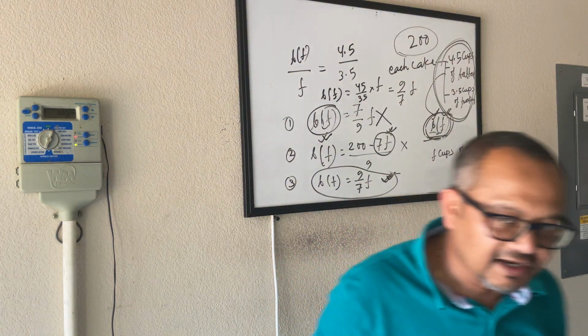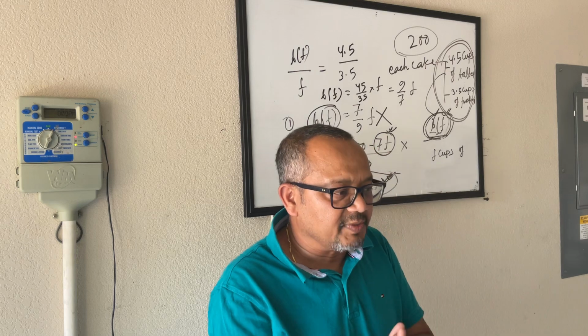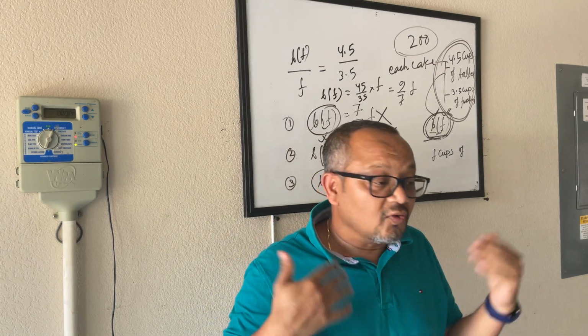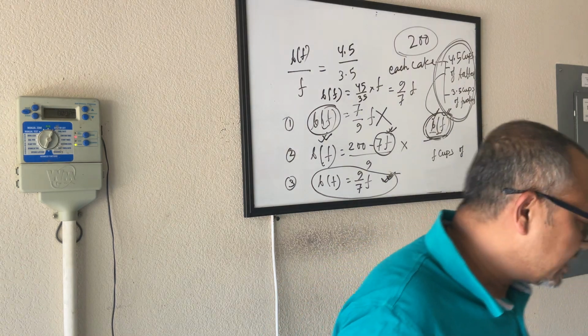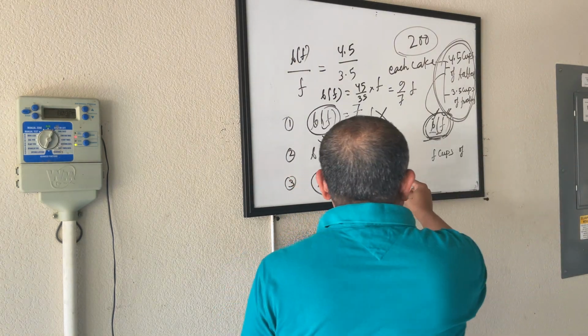So again, as I always keep saying, any problem that you pick up, don't overthink about it. Because if you keep it simple, you'll be able to get to the root of the problem.